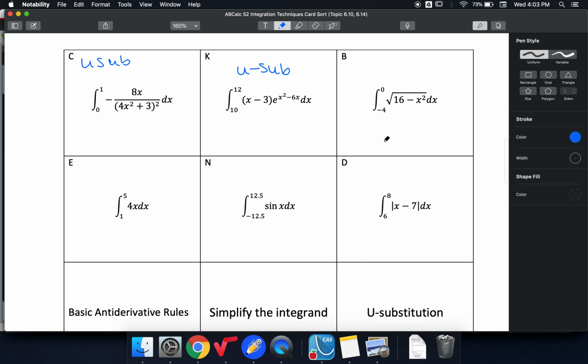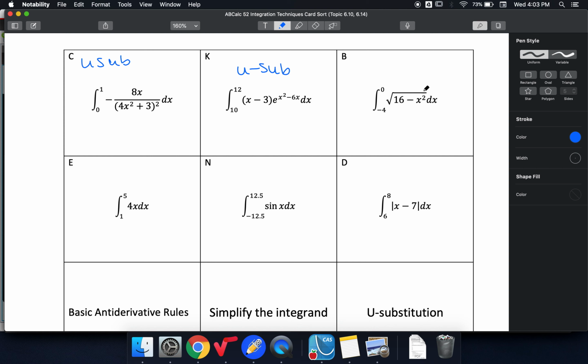And now I'm getting into my geometry. This is one that we looked at in class. If maybe you think about this with trigonometry, you try to make a triangle to describe it, but then you get stuck because it doesn't have any fractions to make me think of trig ratios. So really I want to think about this shape. Plugging in 0, I know I'm going to get 4.